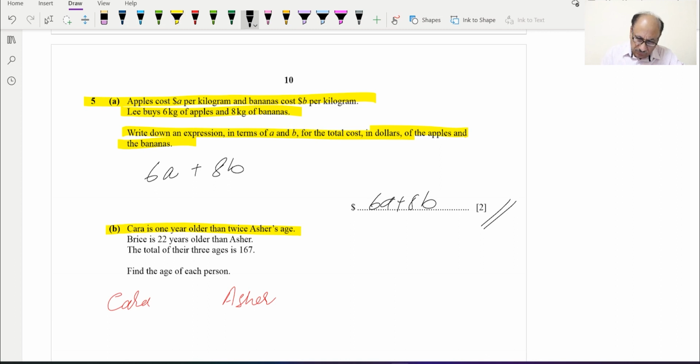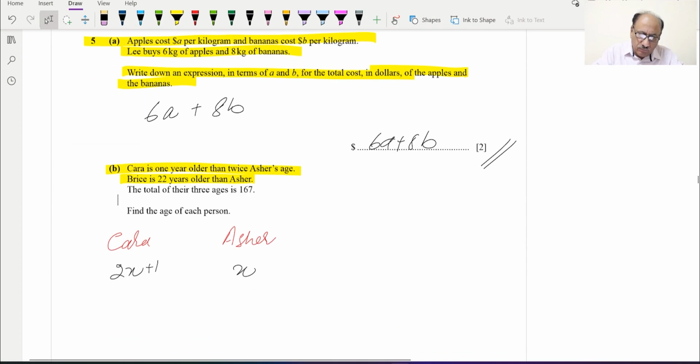Basically, if this is x, it is 1 year older than twice, so 2x plus 1. And the next step is Bryce is 22 years older than Asher. So Bryce we can write here, and this is 22 years older than Asher, so x plus 22.